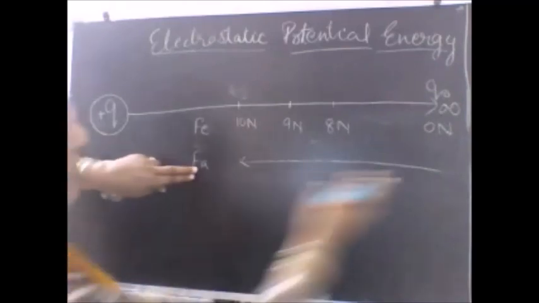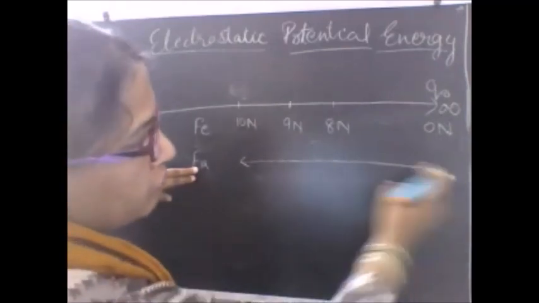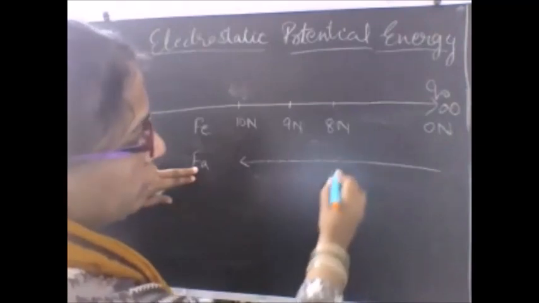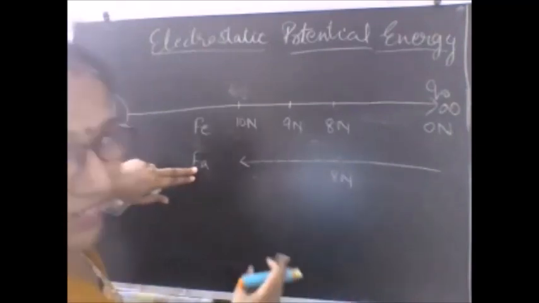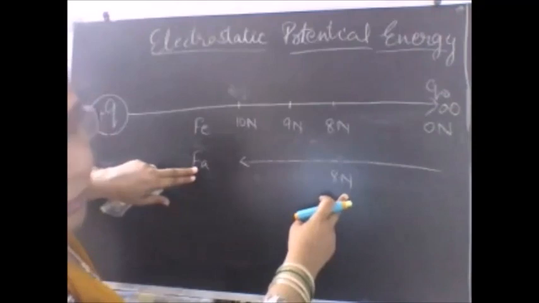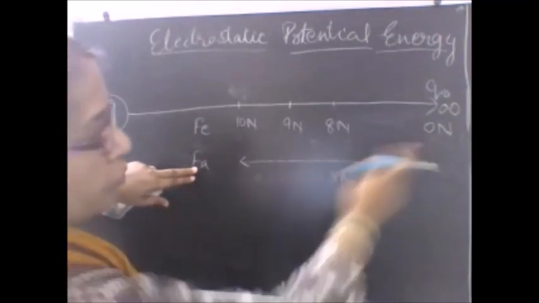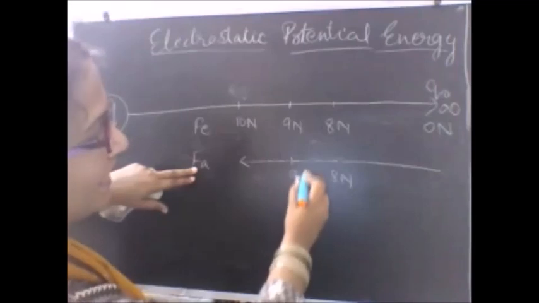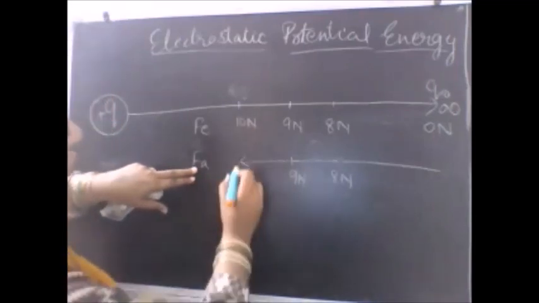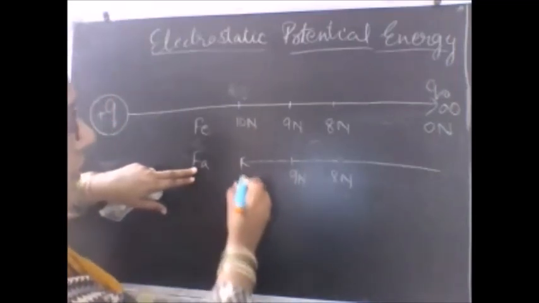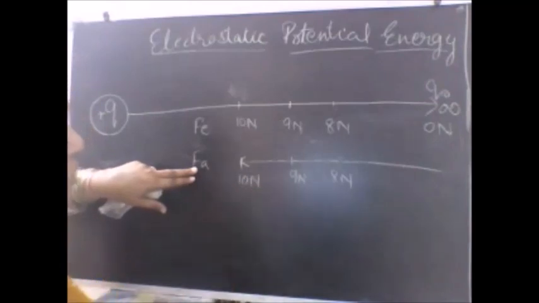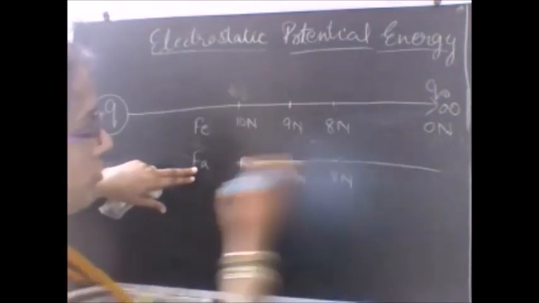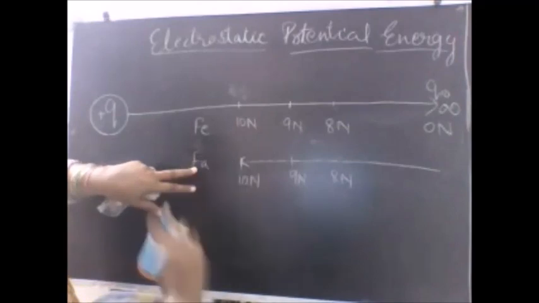The force that I need to apply in moving the charge from this point to this point is, of course, at least 8 Newton. If I want to bring the charge up to this point, how much force is required? At least 9 Newton. And if I want to bring the charge to this point, at least 10 Newton force is required to move the charge from infinity to this specific point.